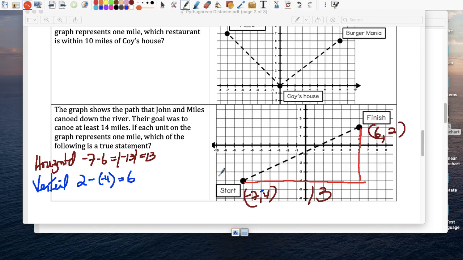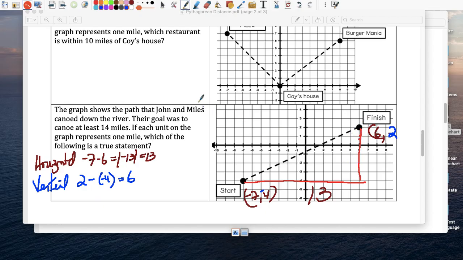No, this is -7 and -4, and this is 6 and, hang on, sorry. 6 and -4. What am I doing here? No, apologies. 6 and 2, I was correct.